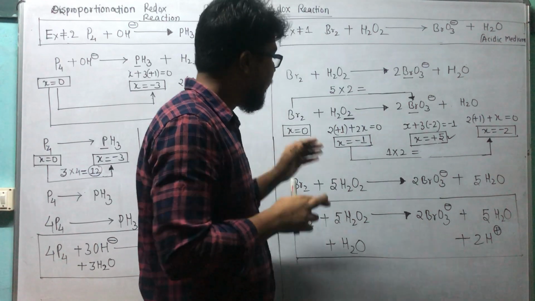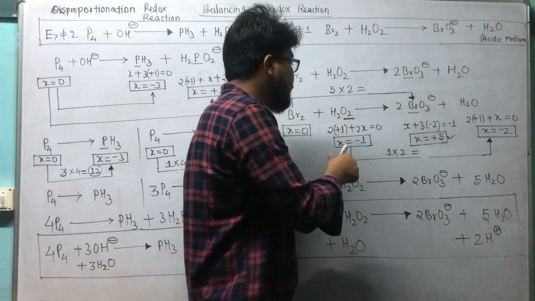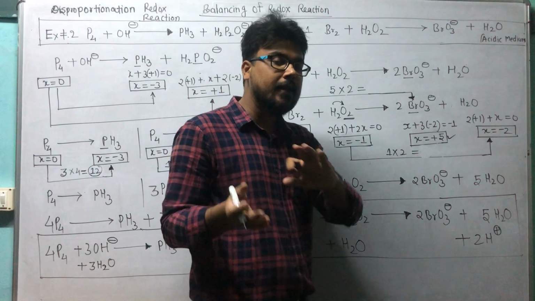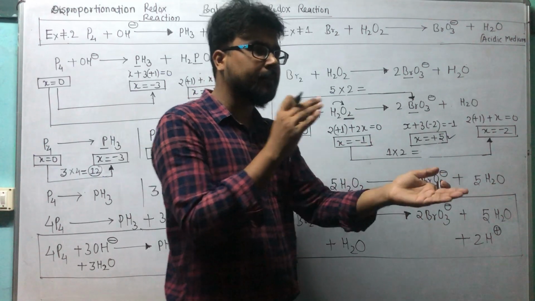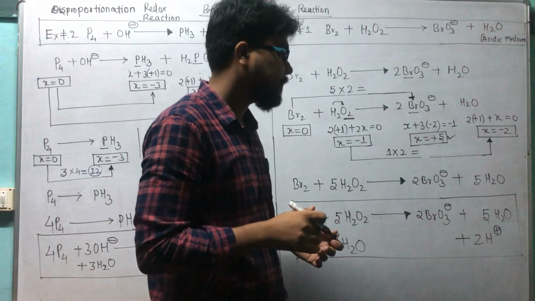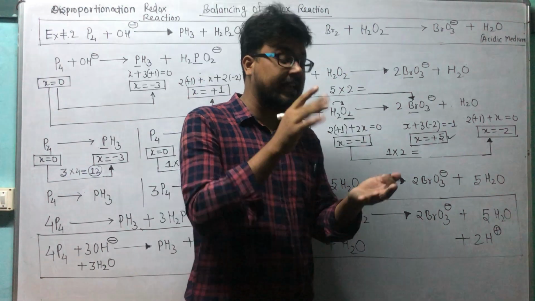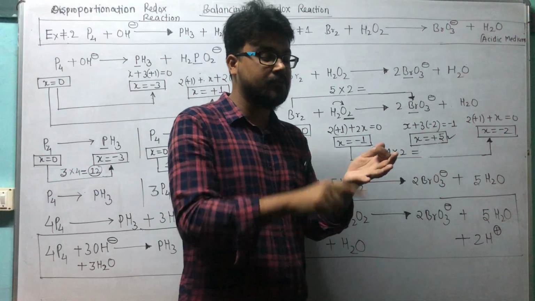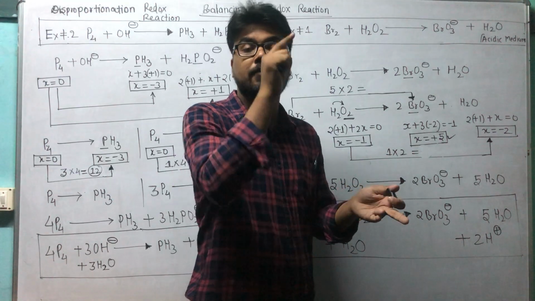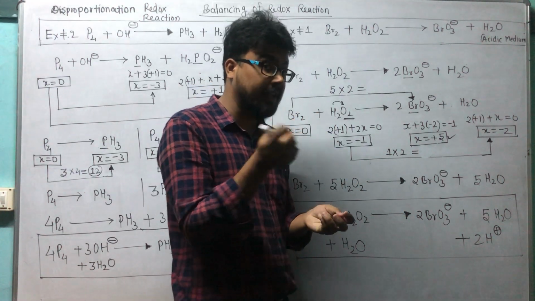And when H is attached with a non-metal, because oxygen is a non-metal, its ox number will be +1. Means the ox number of hydrogen is either +1 or -1. But the ox number of oxygen is not only +1 or -1. It can be +2, +1, +1/2, -2, -1, -1/2. So the ox number of oxygen is varying.